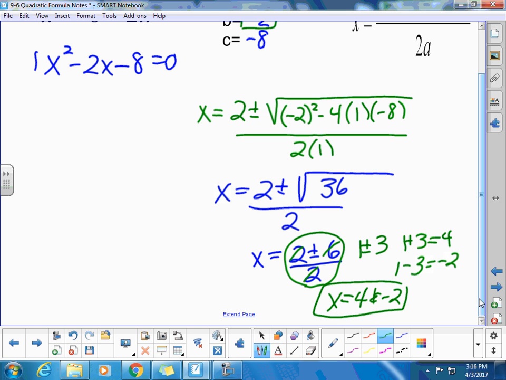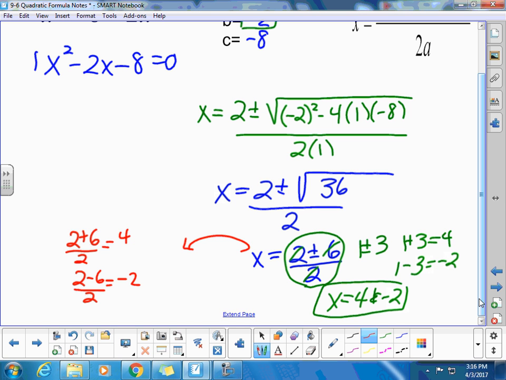Now if I didn't think of simplifying there, I would just do 2 plus 6 divided by 2. 2 plus 6 is 8 divided by 2, which is 4. And I would have done 2 minus 6 over 2. 2 minus 6 is -4 divided by 2, which is -2.